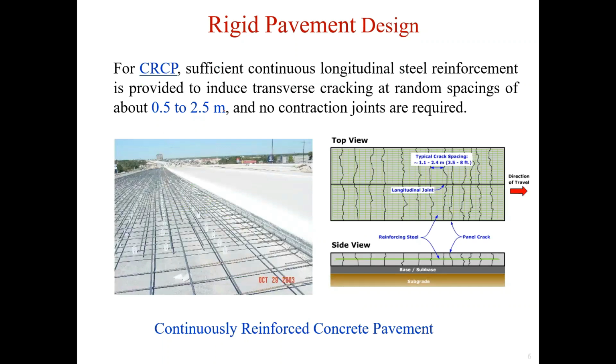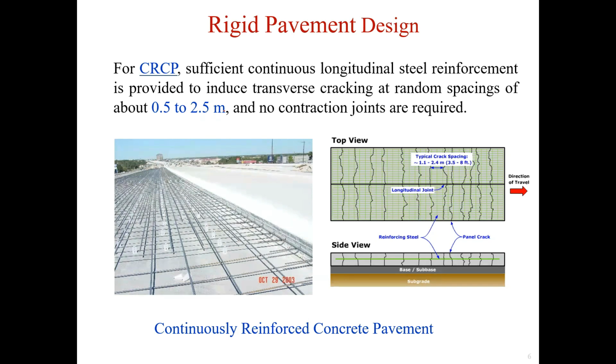Compared with the JRCP, the CRCP is an integral cast. It does not have dowels and tie bars, so more cracks are generated. For CRCP, sufficient continuous longitudinal steel reinforcement is provided to induce the desired transverse cracking at random spacings of about 0.2 to 2.5 meters, and then hold these cracks tight.